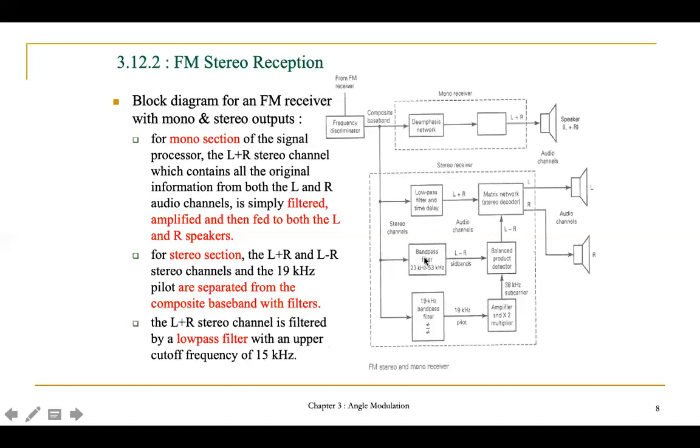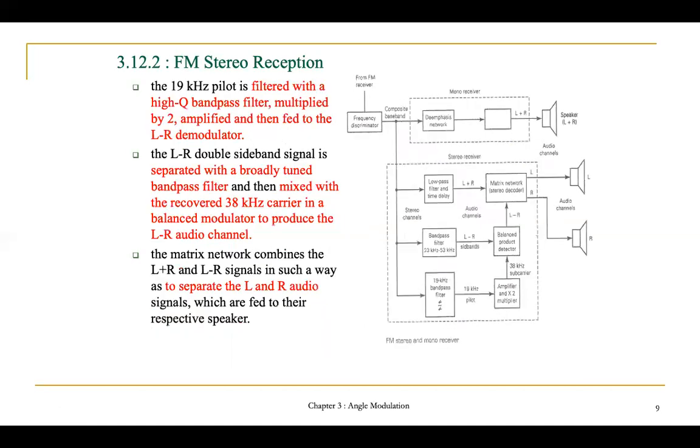The left plus right stereo channel is filtered by a low pass filter with an upper cutoff frequency of 15 kilohertz. The 19 kilohertz pilot is filtered with a high Q band pass filter, multiplied by 2, amplified, and then fed to the left plus right demodulator.